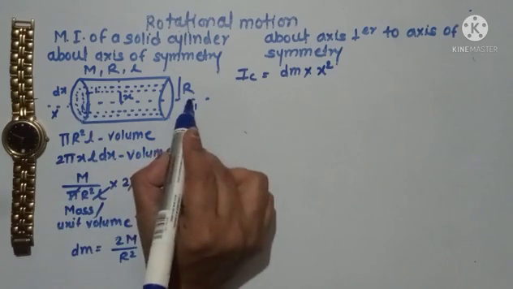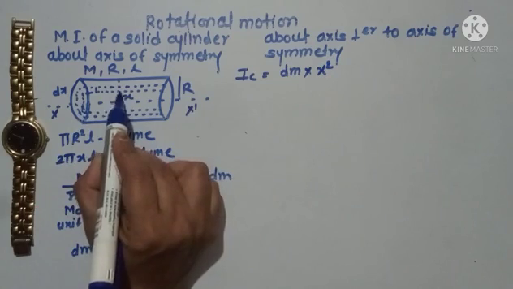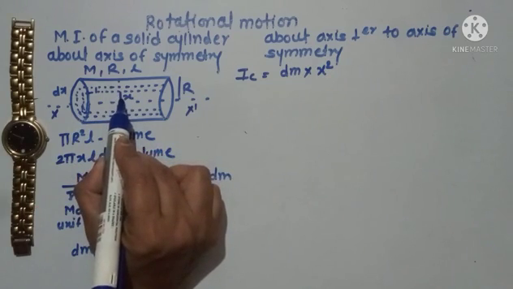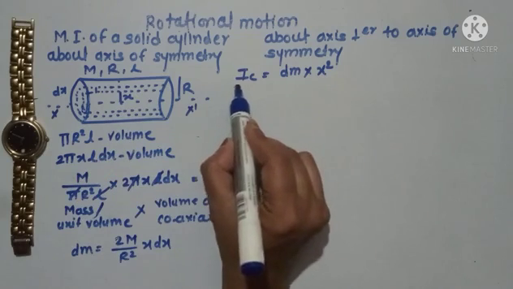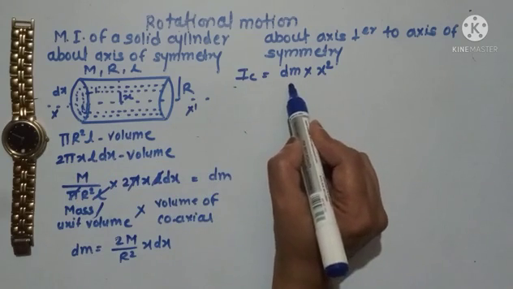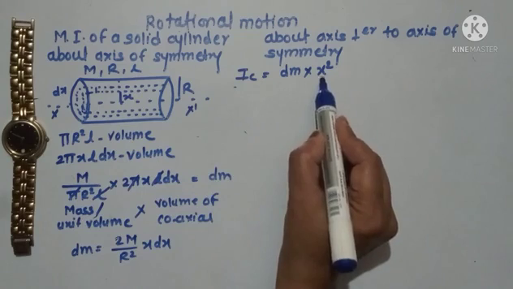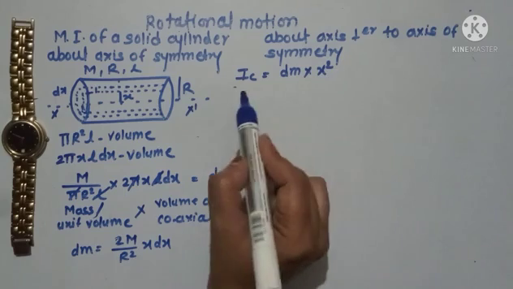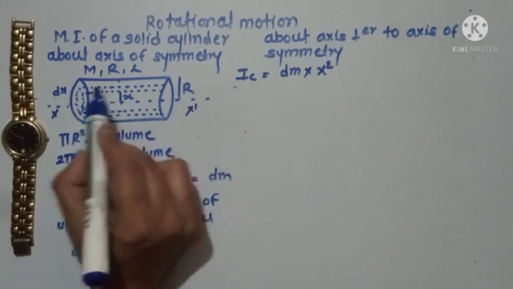This is the axis of rotation and the distance from it will be x. This is the definition of the moment of inertia: mass multiplied by the square of the distance from the axis of rotation.